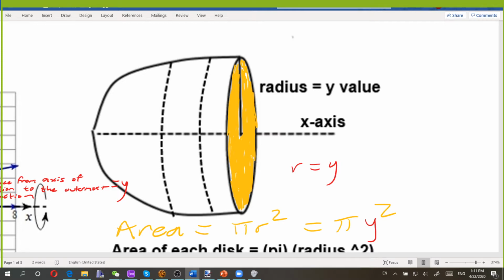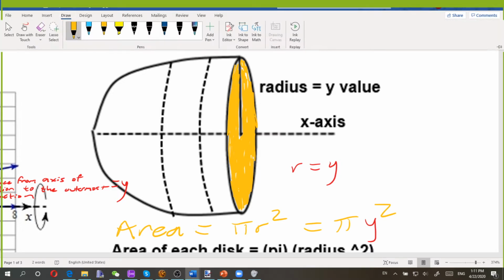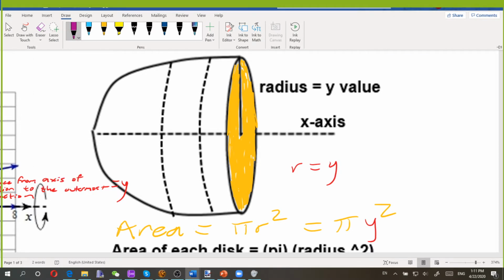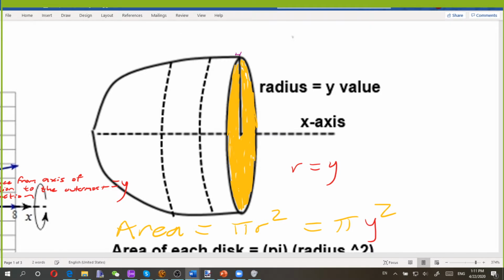Okay, if I wanted to make this three-dimensional, then we should have an infinitely small change in x, which we would also spin about the axis of rotation, looking something like this.